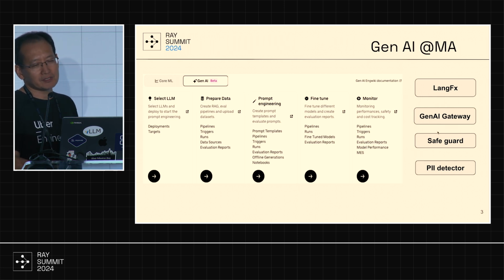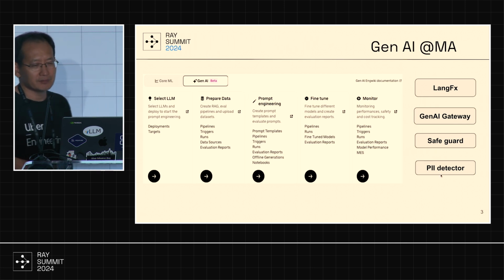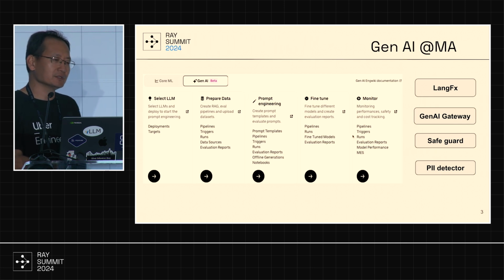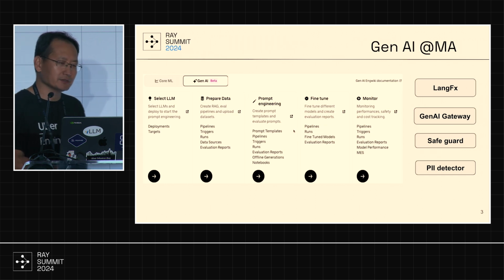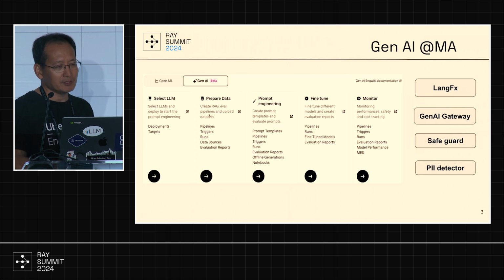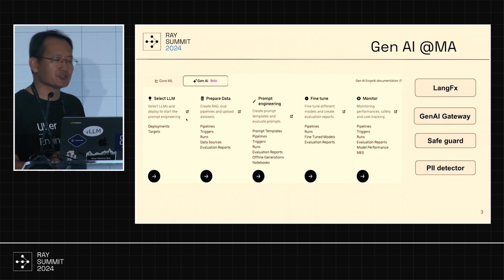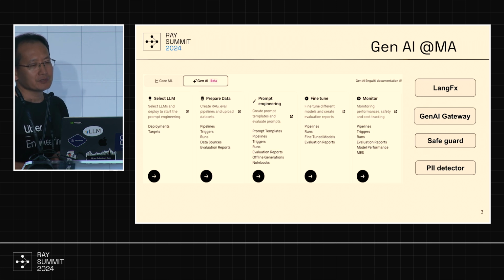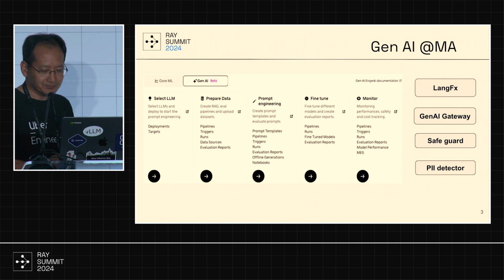We also have safeguard and PII detection for security and privacy. We have MA Studio, which provides a UI to select the model you want to use, prepare data for RAG applications, prompt engineering, model fine-tuning, and monitoring for performance, safety, cost, everything.